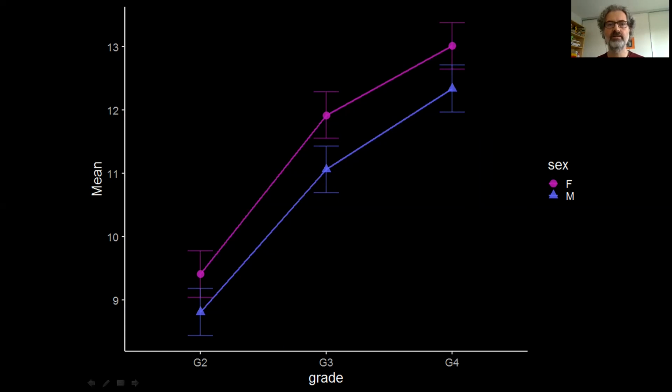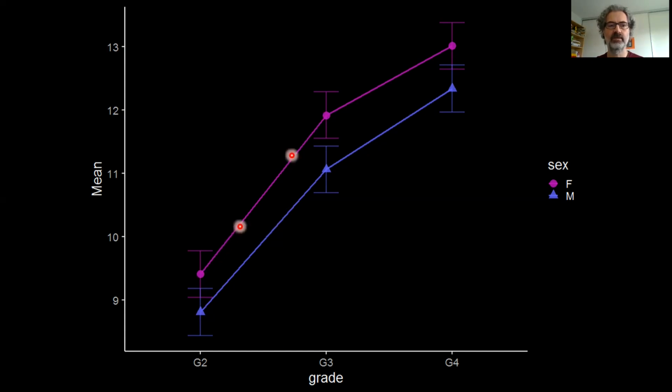Remember, these two questions are equivalent. To ask whether the effect of grade is affected by sex is the same as asking whether the effect of sex is affected by grade. And they're both visible in this graph by checking the slope of the lines. So this line and this line show the relative change for boys and girls.